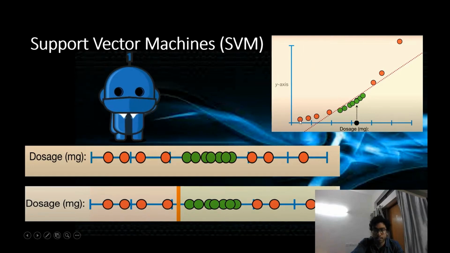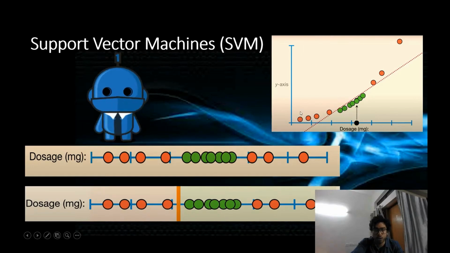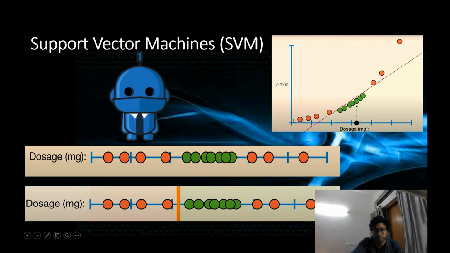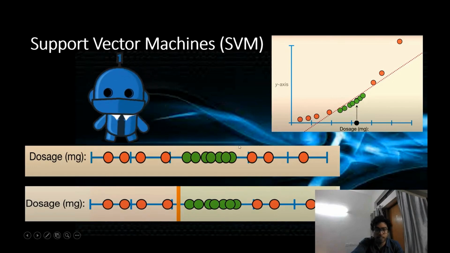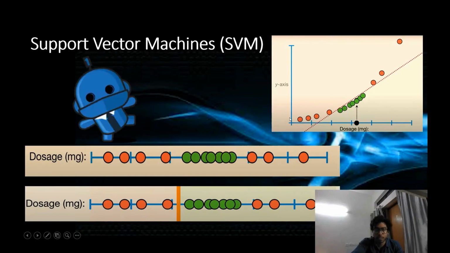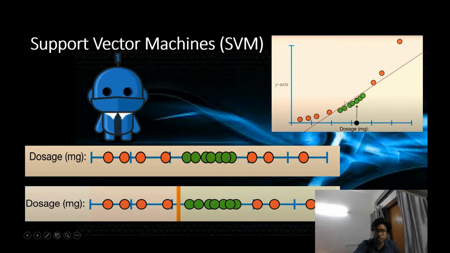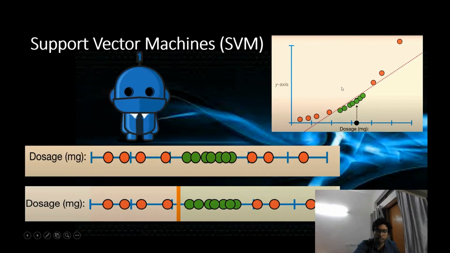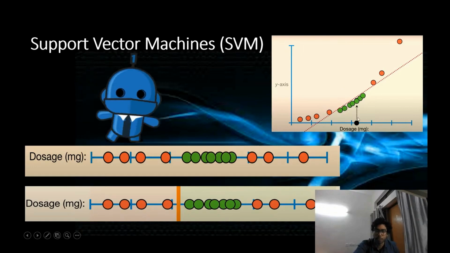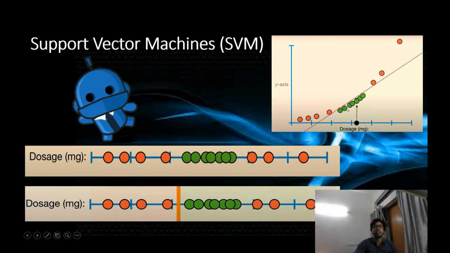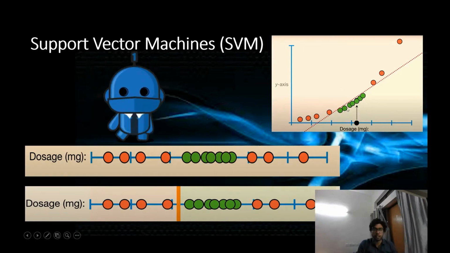So on the x-axis, this point has coordinates 2 comma 4, right? The x-axis is still the dosage value, and the y-axis is the squared value of the dosage. Similarly you map all the remaining points, and this is the result that you get. Is the mapping clear? How it's been mapped, right?